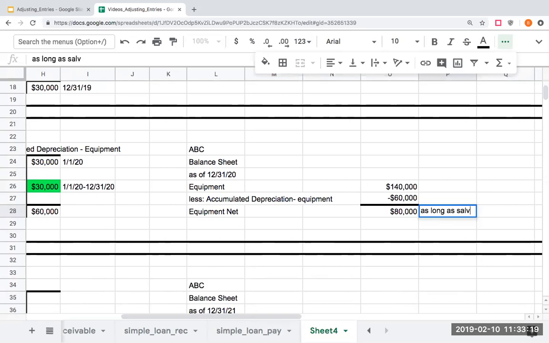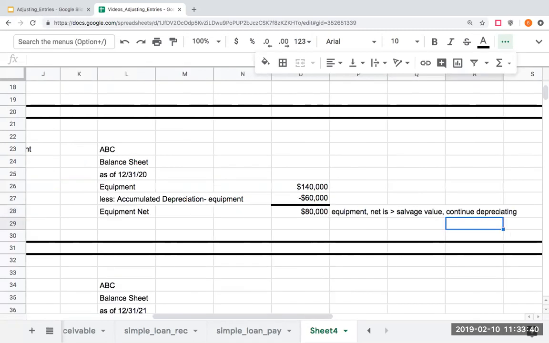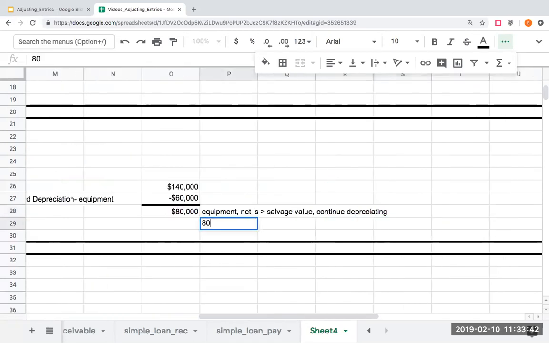As long as equipment net is greater than salvage value, we can continue depreciating. So over here, my equipment net is $80,000, which is greater than $50,000, which is the salvage value.